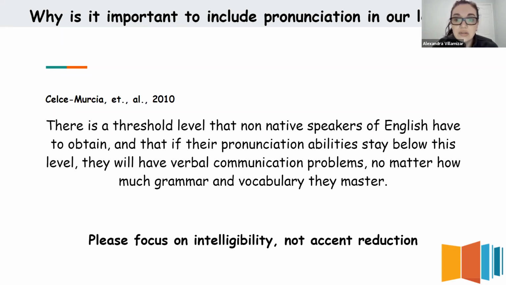So it is important to let them know that we don't need to get rid of our accents, right? Our accents tell people where we are coming from, so there is no need to get rid of that. It is important for us to focus on intelligibility, and this way people can understand when we are saying something in English.